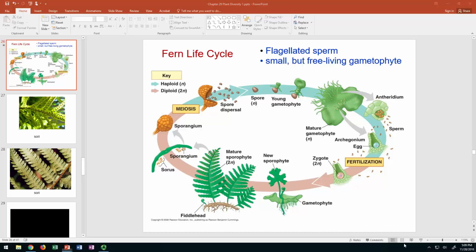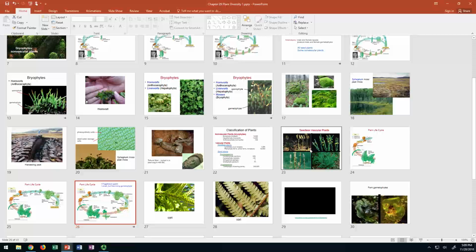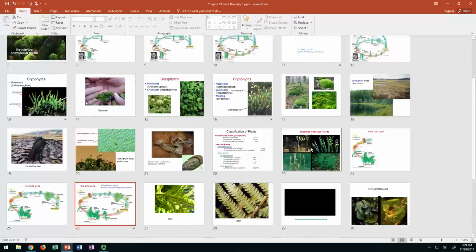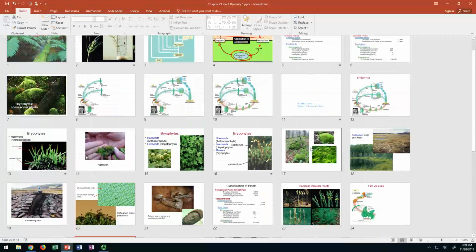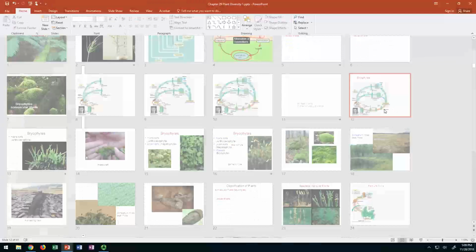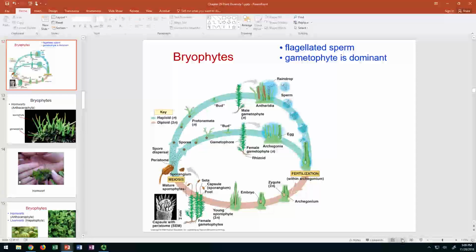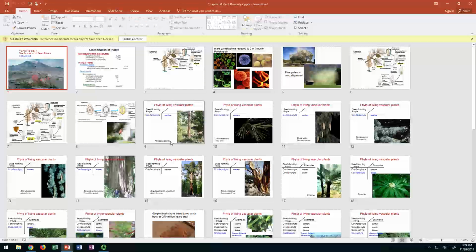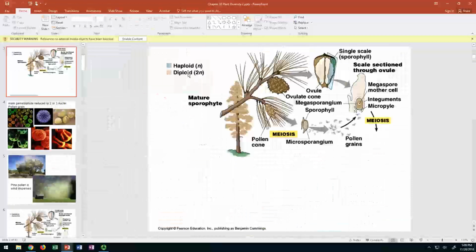Let's see if I can find one. Maybe it was in the other one. The issue is I don't remember off the top of my head either.